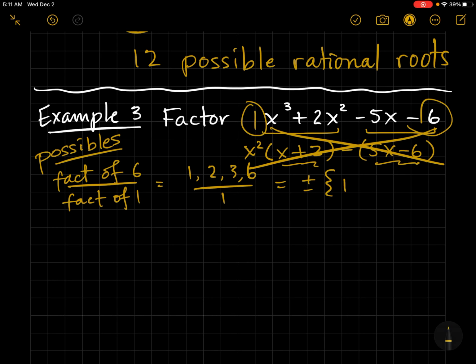So pretty much out of all the numbers in this whole world, I've now limited the things I have to check down to 8 possibilities. And that's great news. So I always start with 1 because 1 works a lot. I've noticed that.